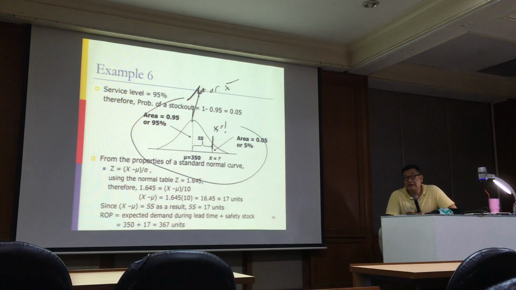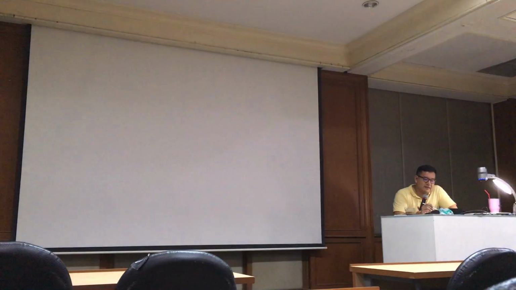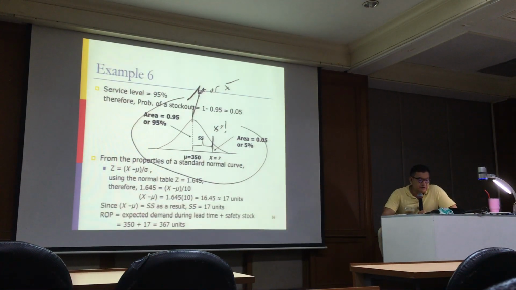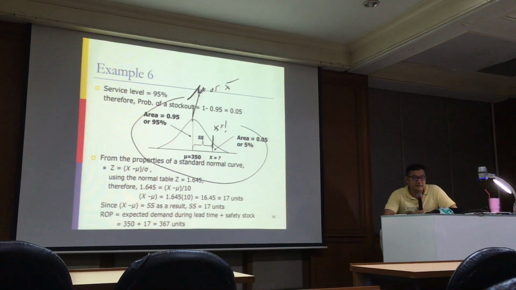So this is the way that we estimate the safety stock in the case that we don't know the stockout cost. Generally, we use this way. In this problem, the distribution of demand during lead time follows a normal distribution.